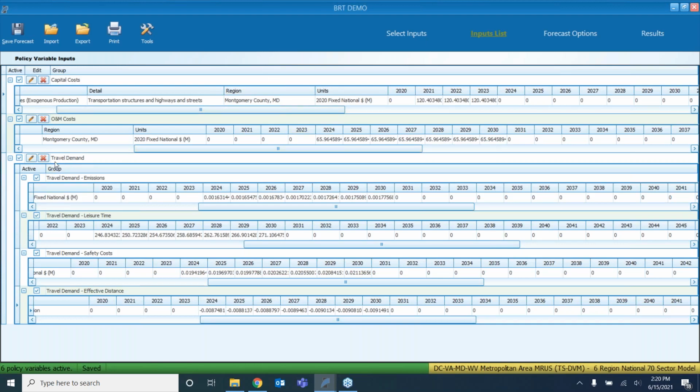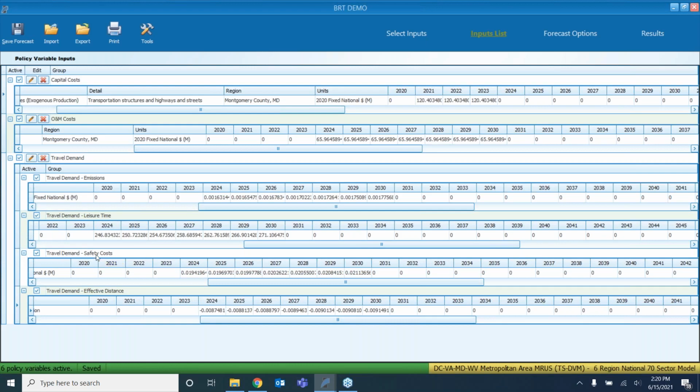Whereas our benefits here under the travel demand group, we can see our travel demand emissions. We have these inputs across the years after construction is complete. So we see a reduction in emissions costs. We see increased leisure time, so increased time cost savings.